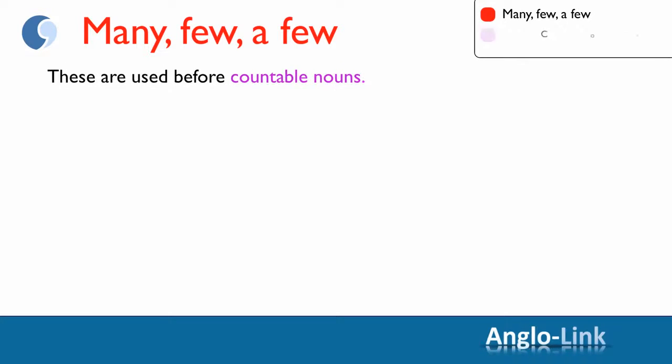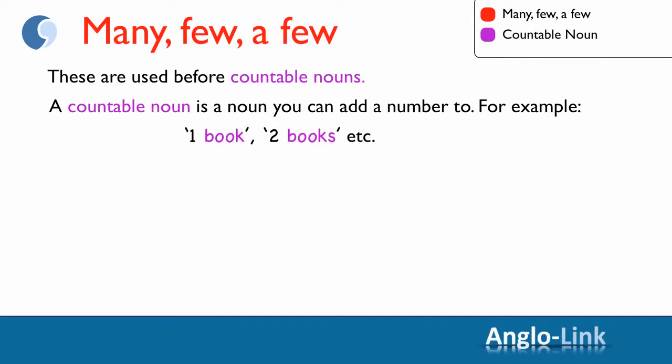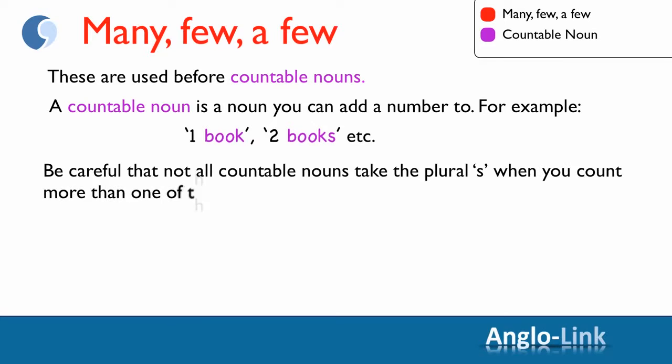Okay, moving on to many, few, and a few. These are used before countable nouns. A countable noun is a noun you can add a number to, you can count. For example, 1 book, 2 books, etc. Now be careful that not all countable nouns take the plural s when you count more than one of them.